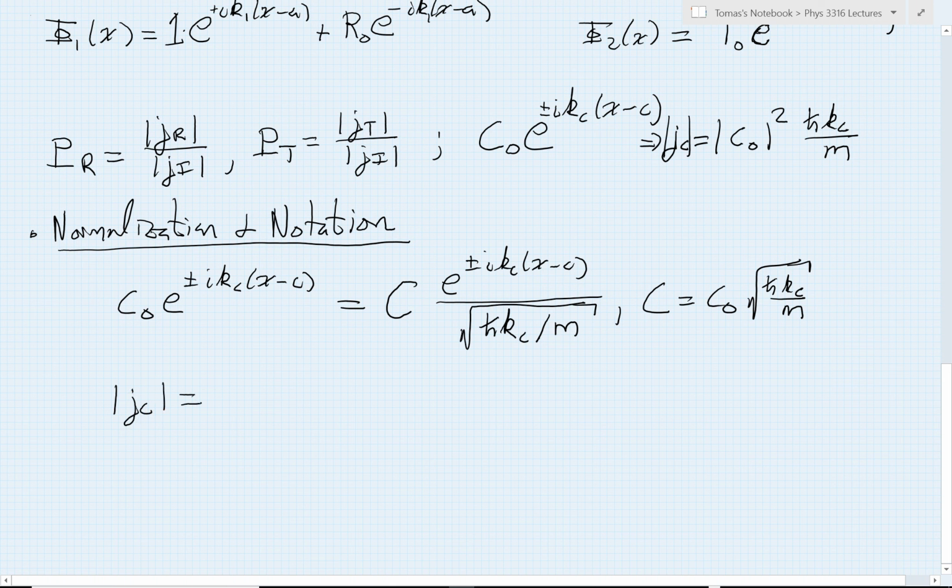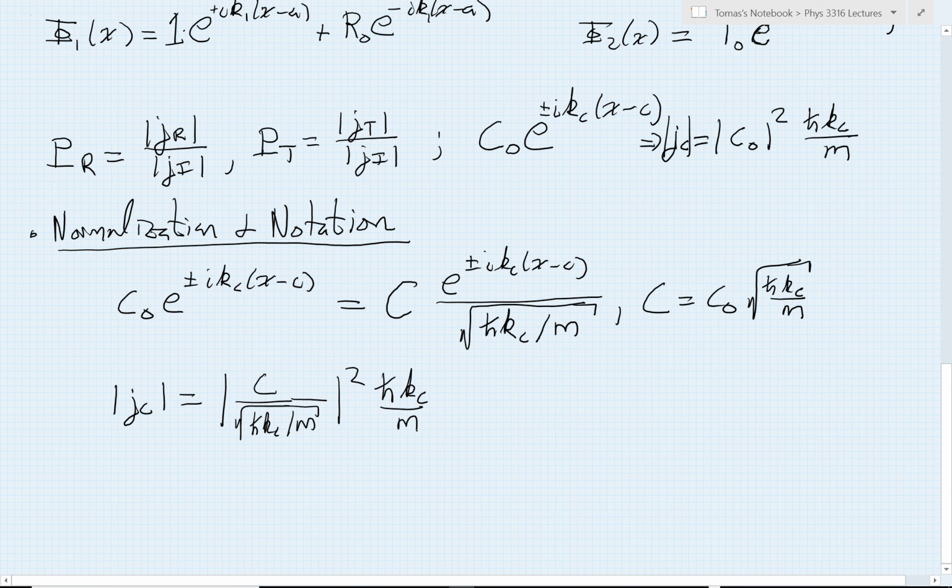Because the current density now, it follows exactly the same math as before. It's modulo C0 squared. But C0, notice, is really C divided by the square root of the classical velocity. So that's h bar kc over m in my square root. This has to become squared, and then I multiply by the classical velocity, which is h bar kc over m.